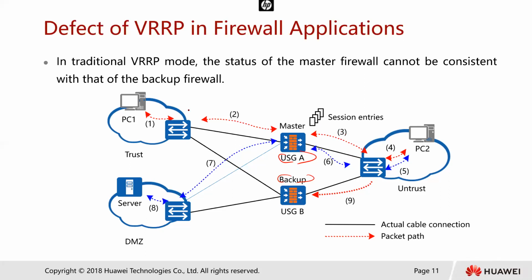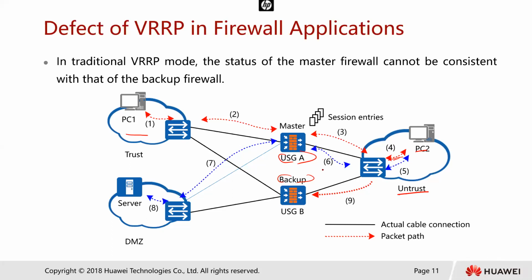So PC1 here is in the trust zone and accesses PC2. And PC2 is in which zone? The untrust zone, the network we are protecting ourselves from. So it accesses PC2 in the untrust zone. So the packet forwarding paths, like you can see 1, 2, 3, and 4 to firewall. It is our path which we are going to use to forward the packets.